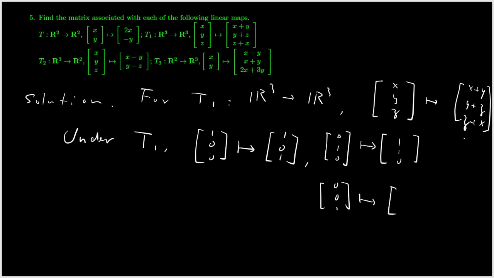Now for (0, 0, 1), sorry, I think I said something wrong. Let me try again. Look at the mouse cursor. The x value is 0, y value is 0, z value is 1. So the second and the third components in the output are 1, 1: (0, 1, 1).